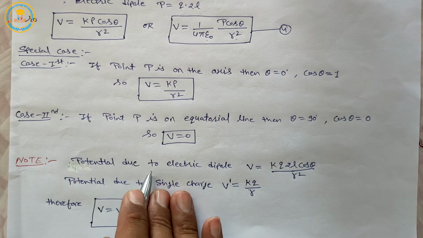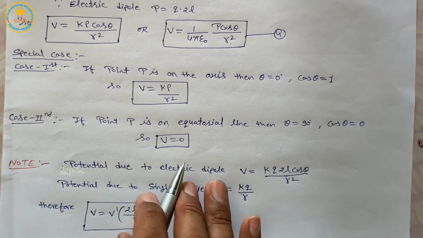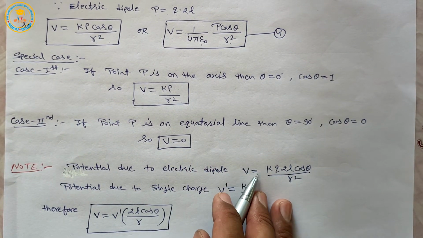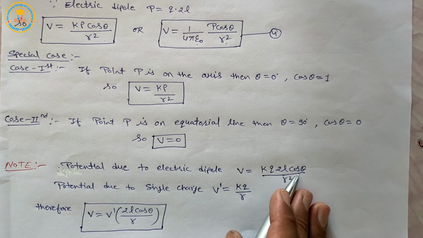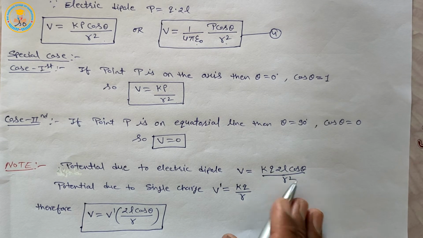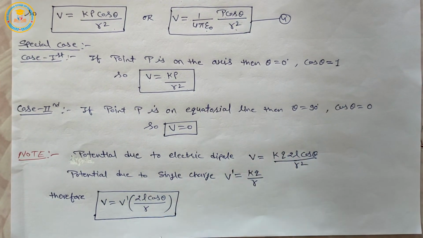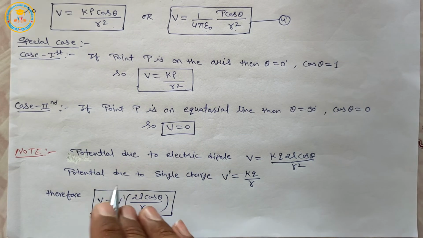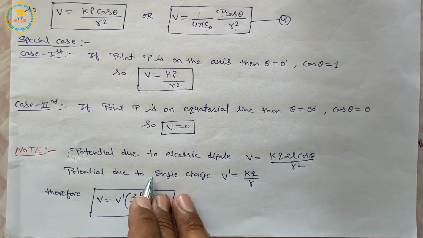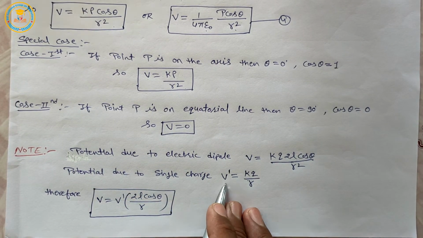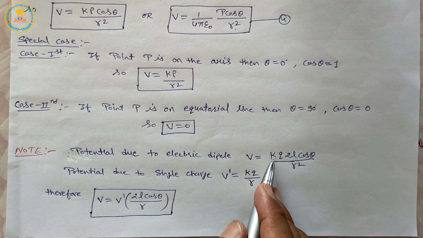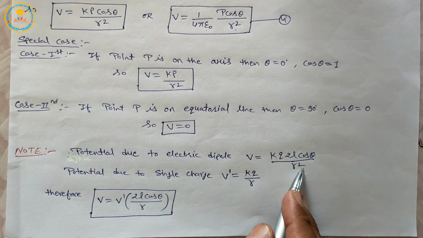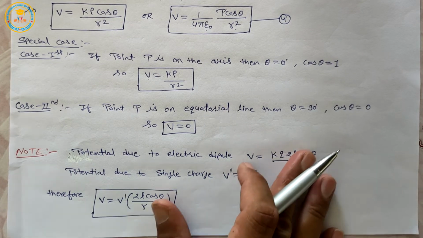Now, electric potential due to an electric dipole V is equal to KQ 2L cos θ upon R square. And yesterday we studied electric potential due to a single charge, V dash is equal to KQ upon R. So we put the value of KQ upon R as V dash.